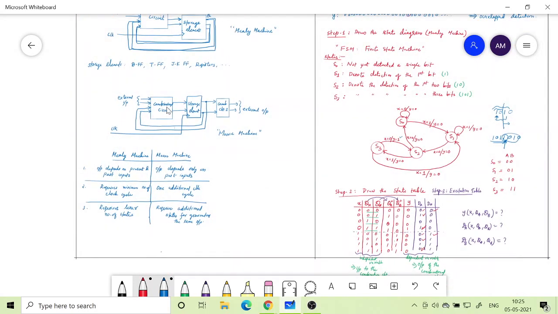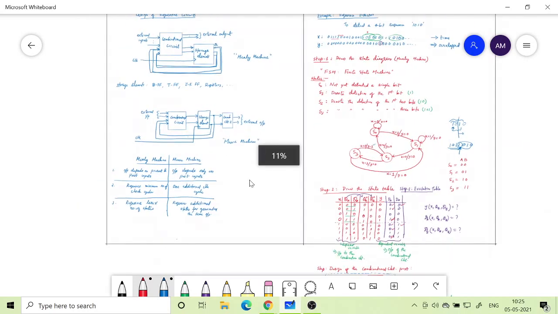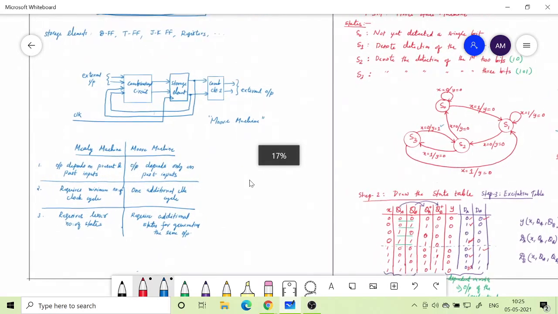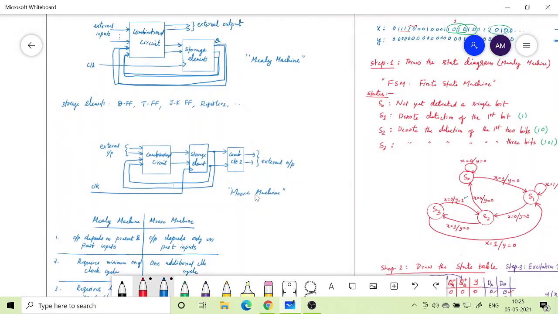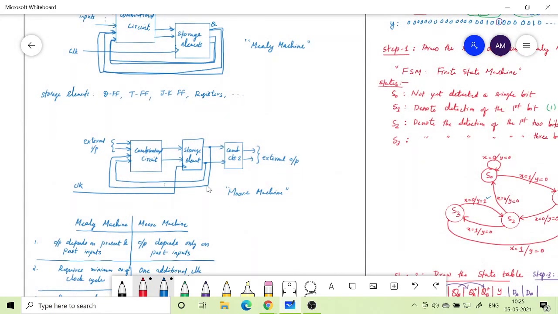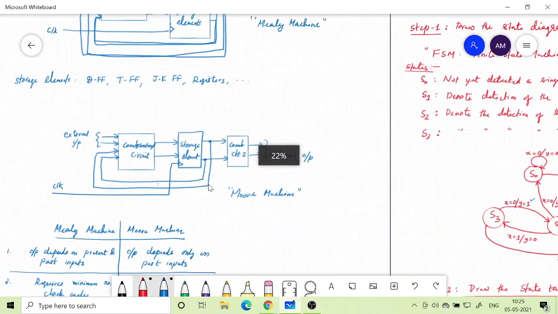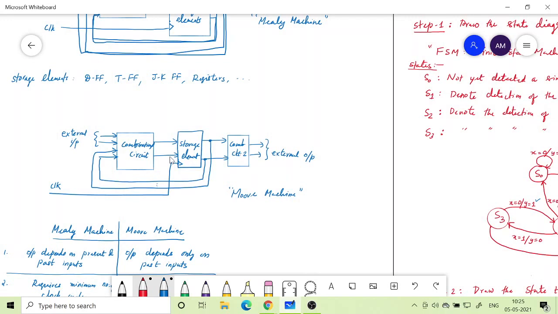So you can see that there is a combinational circuit which takes the external input as well as the state input, and then DA, DB, etc. are obtained from the combinational circuit, which generates functions which depend upon X as well as QA, QB, QC, and then the final external output depends only on the state output. So that's basically the Moore machine.